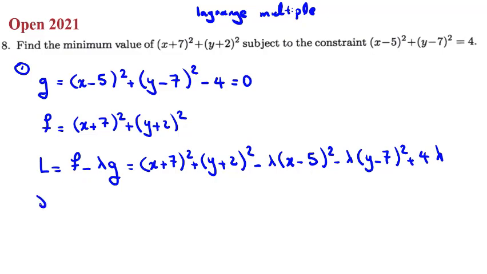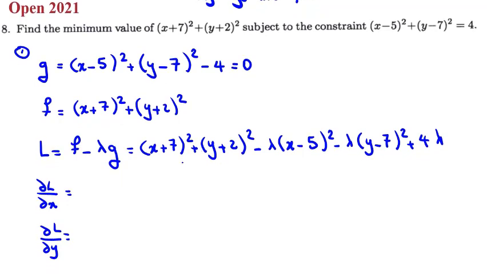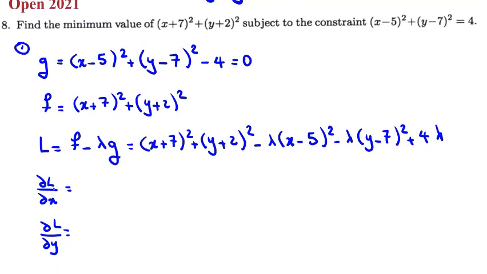Now, you should differentiate L with respect to x and also with respect to y, because we have two variables. If you had three variables, we should calculate all of them. So here, if we differentiate, it will be 2 times (x plus 7) minus 2 lambda (x minus 5), and it should be 0.